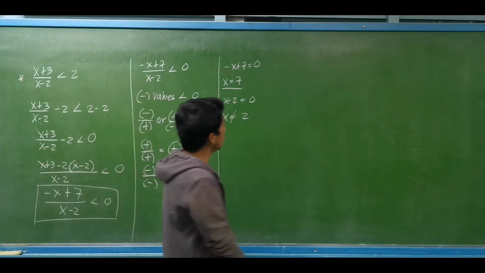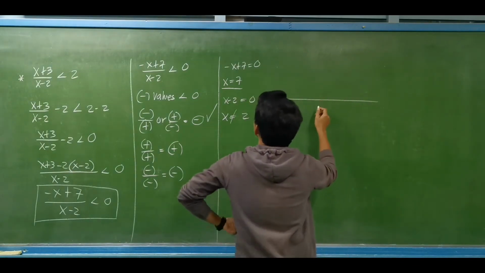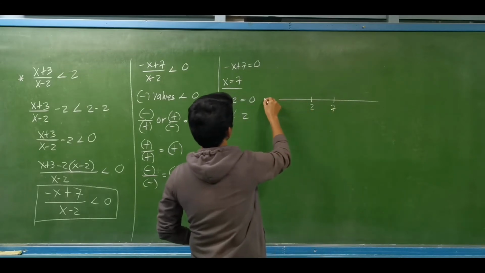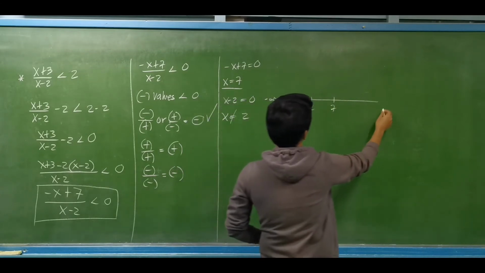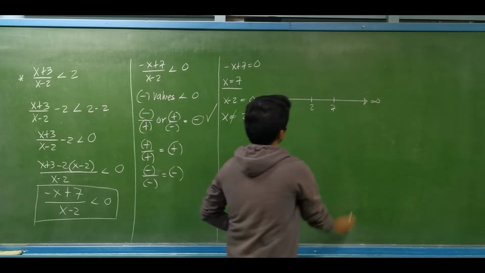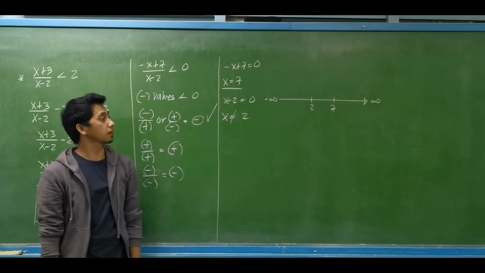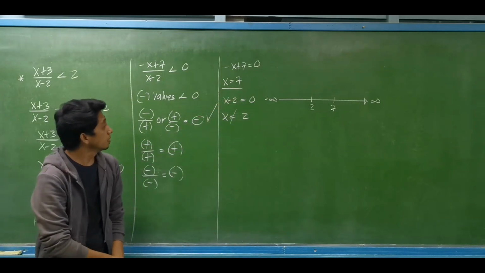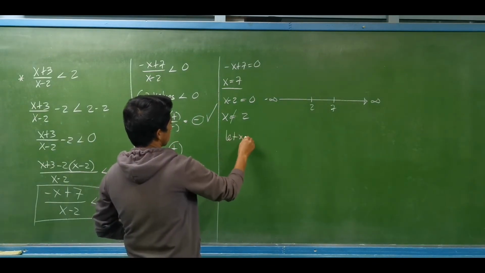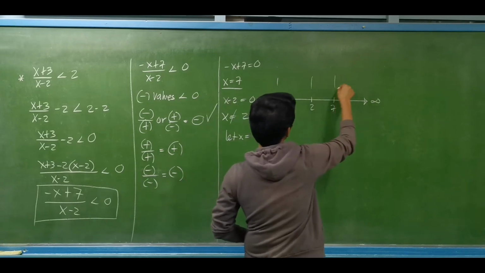So on our number line, we have our reference values, 2 and 7.